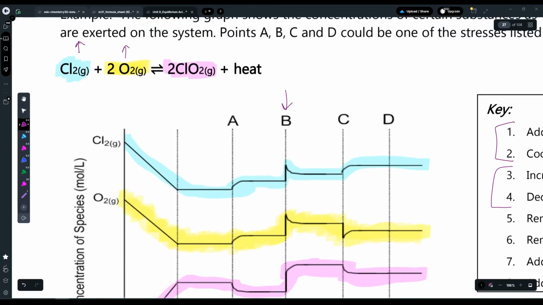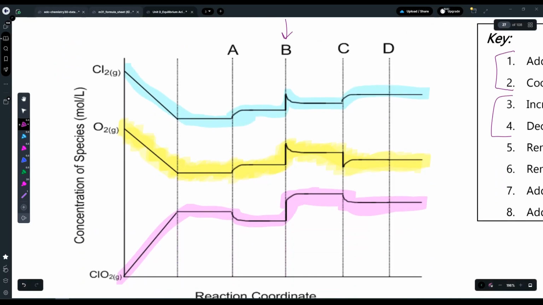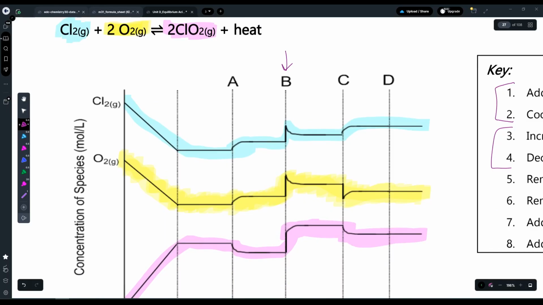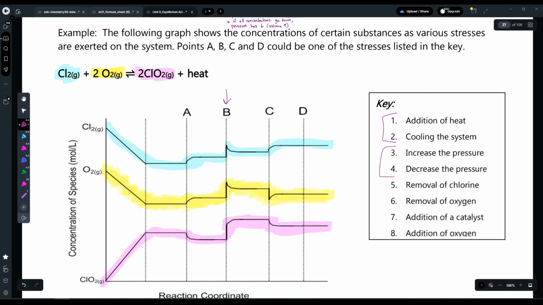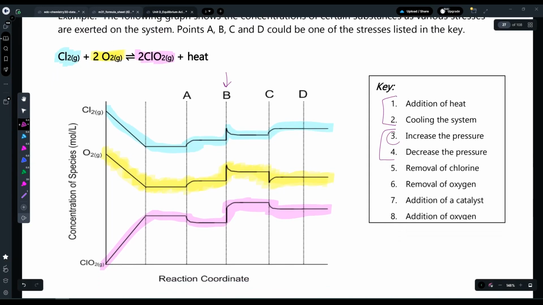So again, we've got to figure out what's happening with our concentration. So chlorine and oxygen, they increase, so does our product here. So everything increases, which means if your concentration increases, your pressure increases. Okay, so our answer is going to be number 3 here.